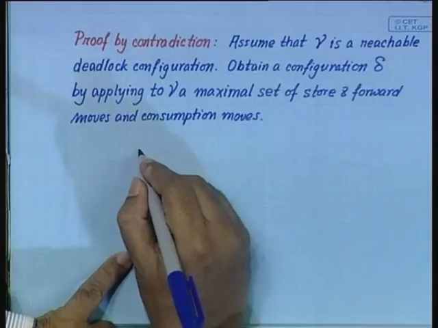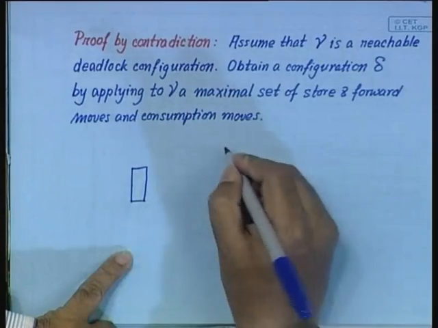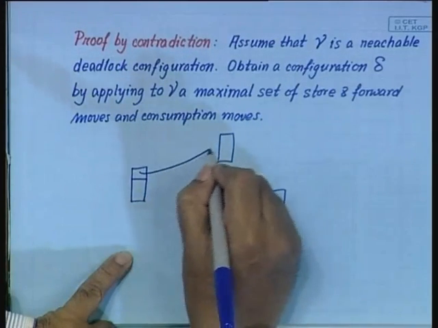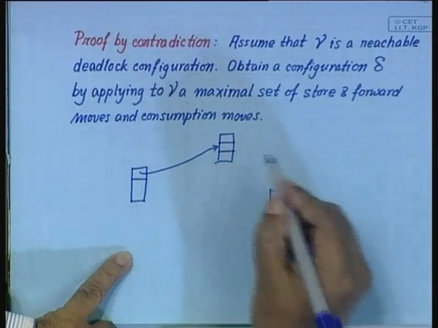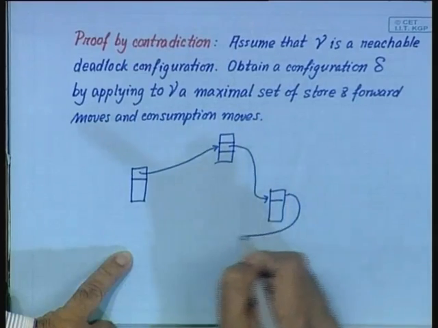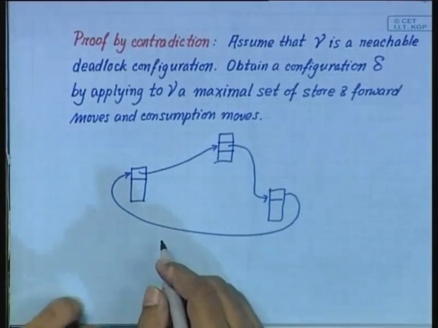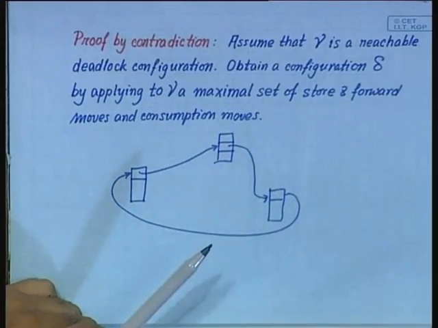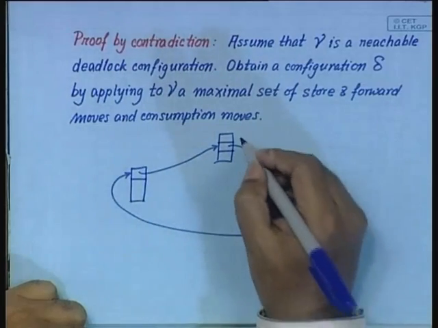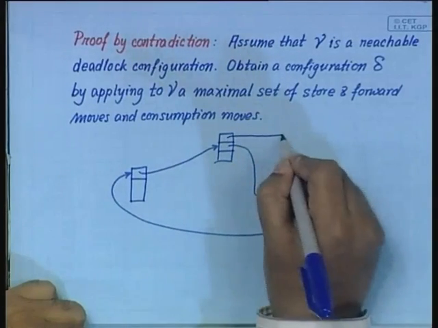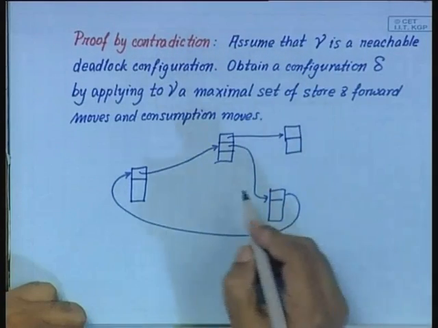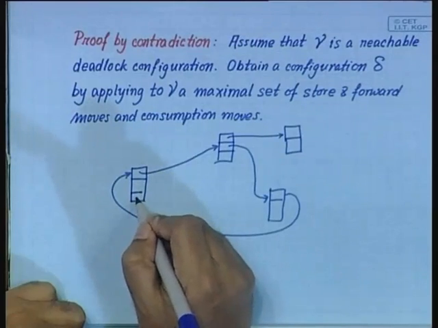What we had in gamma was that we already had a cyclic wait situation. So this packet was waiting for this buffer to be empty, this is waiting for some other buffer to be empty, this in turn is waiting for this buffer to be empty. Now this is a deadlock situation, but it does not mean that some of the other packets cannot be forwarded, maybe some of them can be, and maybe there is some packet which can be consumed straight away.